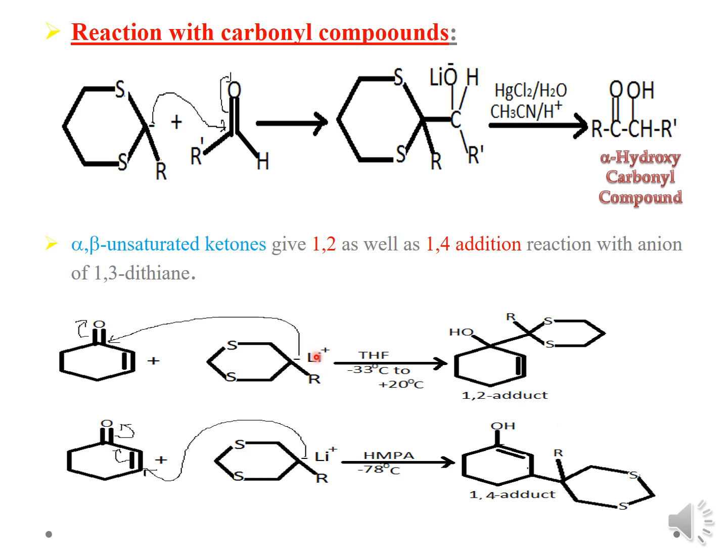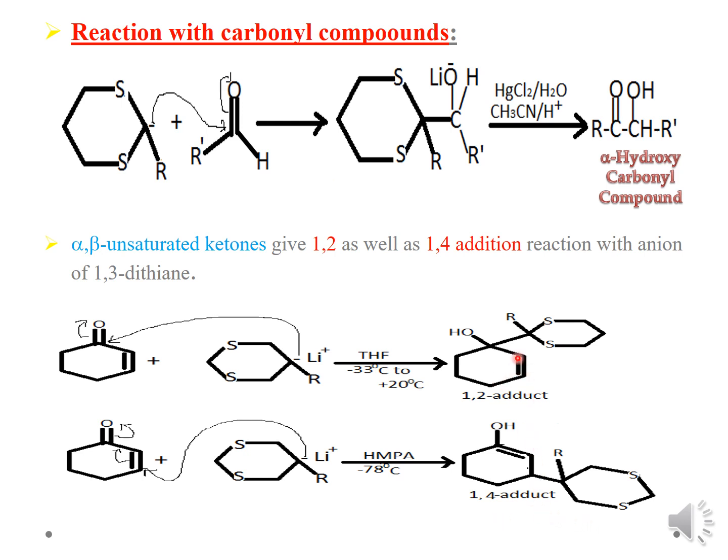Moving on to the next thing, if you take alpha beta unsaturated ketones, like here, like cyclohexenone, and then you treat it with the anion of your 1,3-dithiane, okay, there are two possibilities. One is the formation of your 1,2 adduct, and the other is the 1,4 adduct.